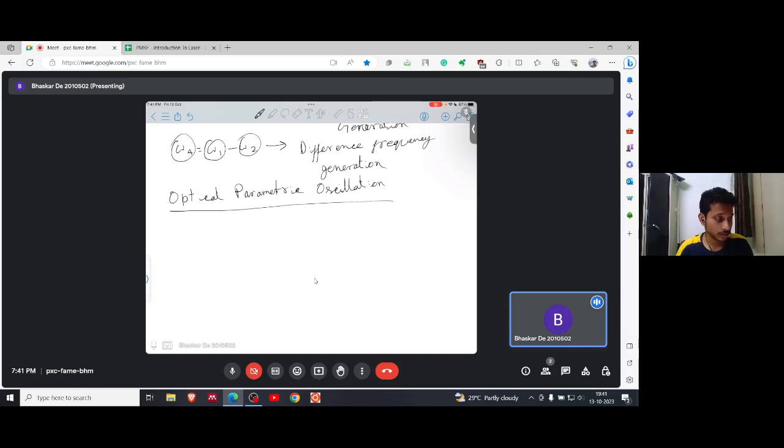This amplification can be enhanced by placing the optical nonlinear crystal within an optical cavity in which the mirrors are specifically made reflective at the frequency of omega 2. Thus, the intensity at that frequency will build up within the cavity as described in the Fabry-Perot interferometer. So this will increase the intensity of omega 2 and will also generate more intensity at omega 3. Such an amplification process is known as optical parametric oscillation.